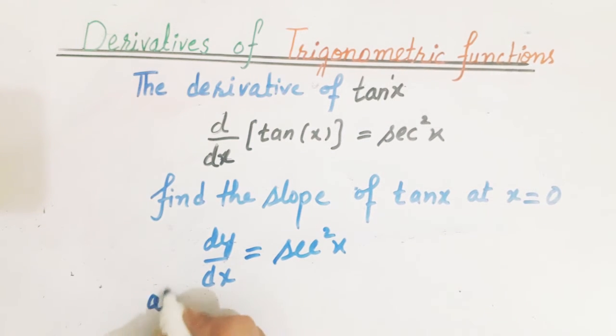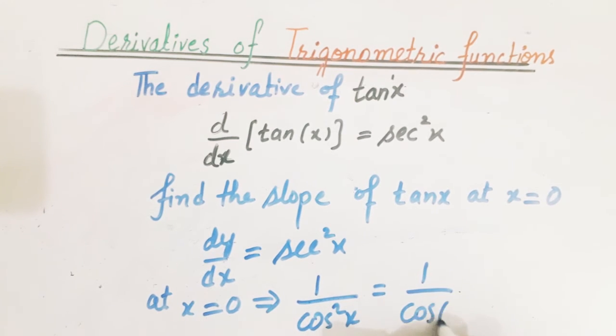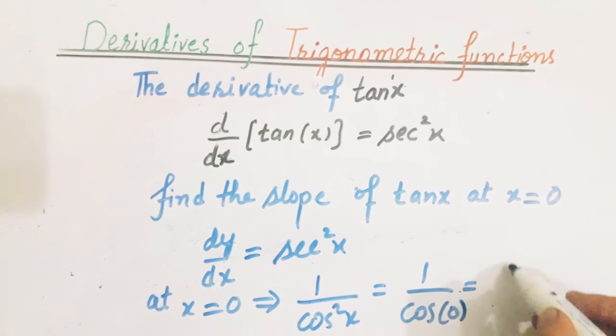So at x equals 0, you will get secant square equals 1 over cos square 0. So cos 0 is 1, it means 1 over 1, that is 1. So the slope is 1. This is the final answer.